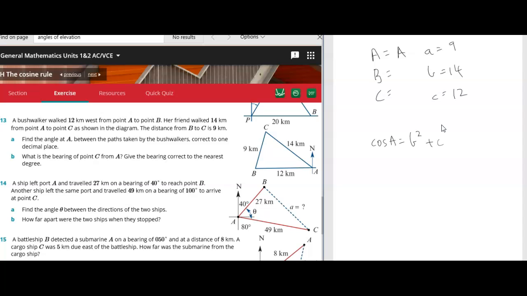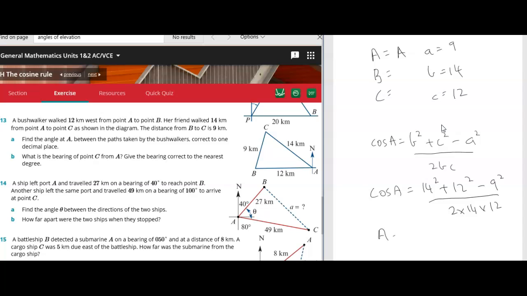Okay, good, I'll remember that. cos A equals B squared plus C squared minus A squared all over 2BC. Okay, so B squared is 14 squared plus C is 12 squared and minus A is 9 squared. And then 2 times 14 times 12.